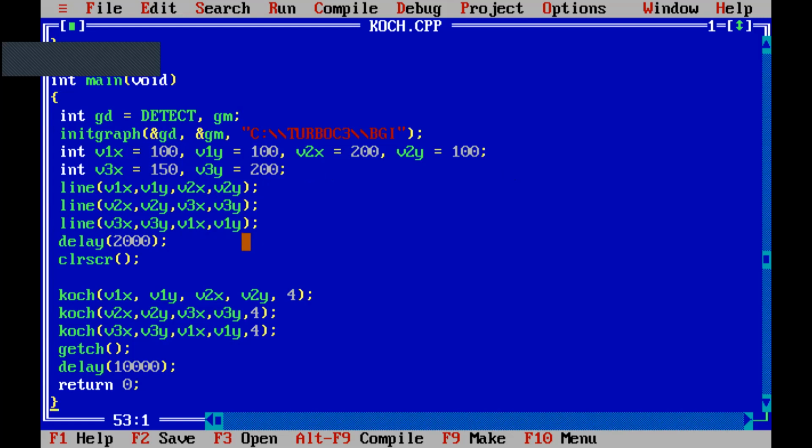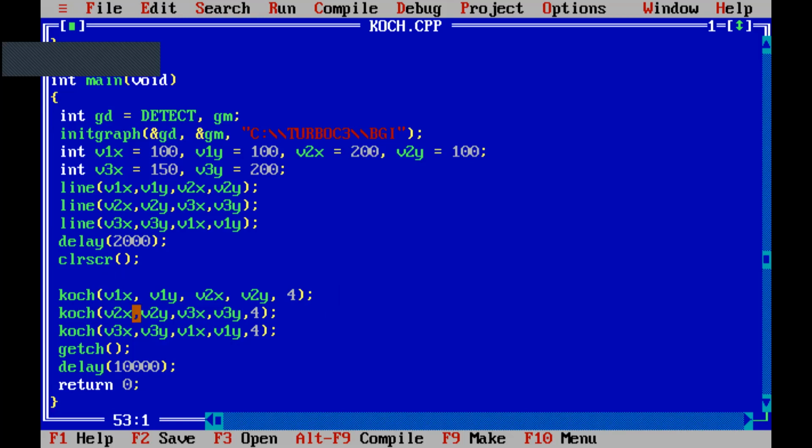Okay, then I am delaying a bit, clearing the screen, and then I am calling the Koch curve 3 times for all these 3 lines. So I am having a triangle initially, and I am calling the Koch function for all 3 sides of the triangle.